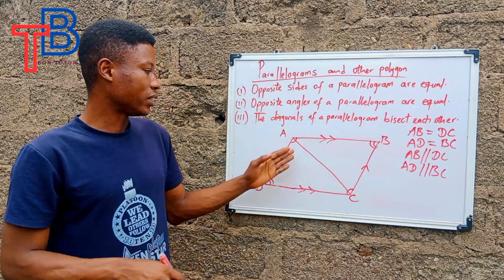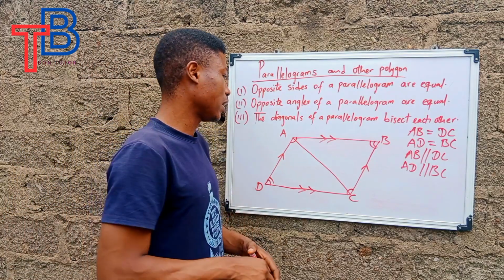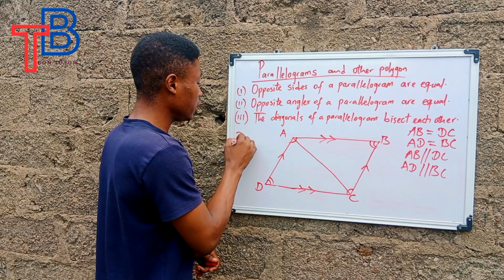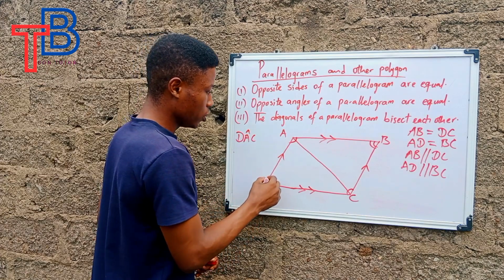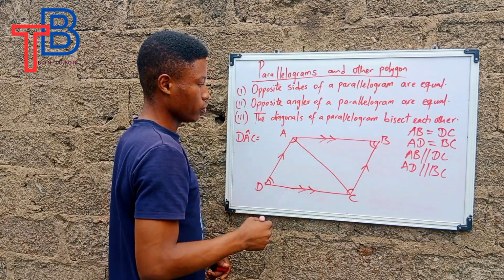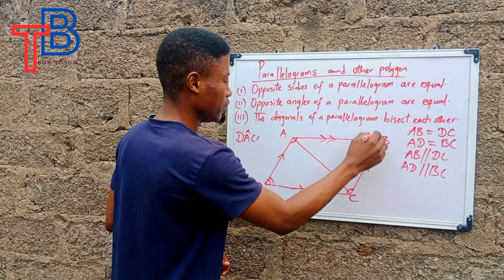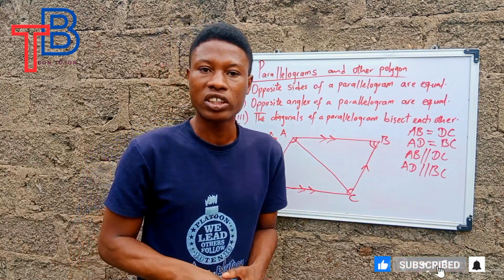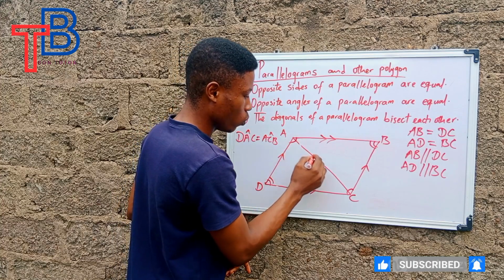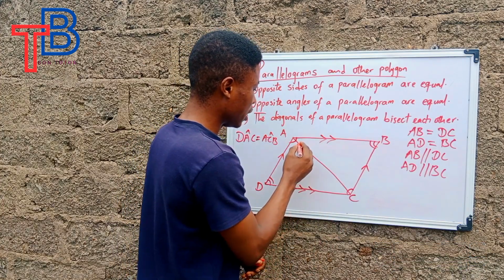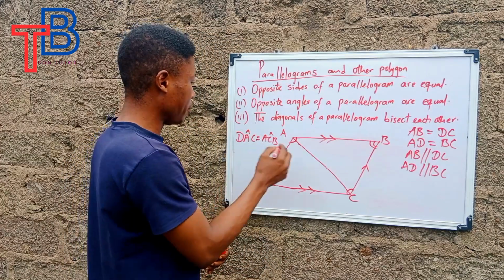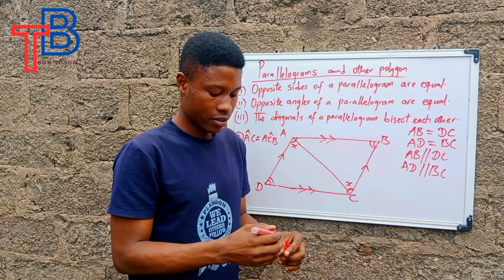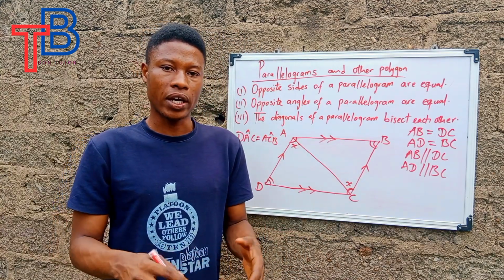Automatically, you will discover that the angle here, which is the angle DAC, will be equal to the angle ACB. Why? Because they are alternate to each other. The angle here will be equal to the angle here. Let's call them x. If here is x, here also will be x. Let's call the angle x.